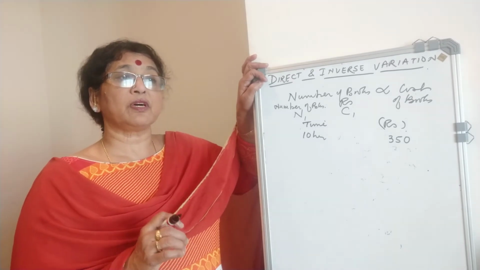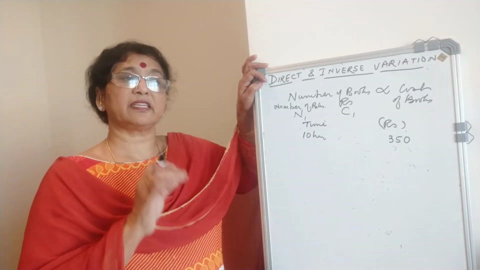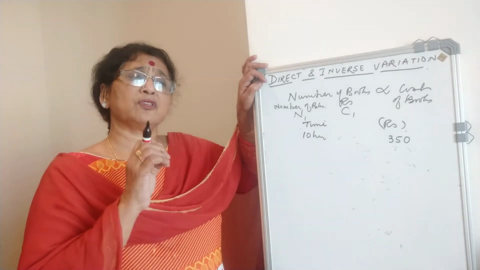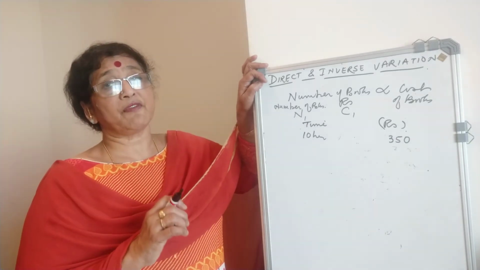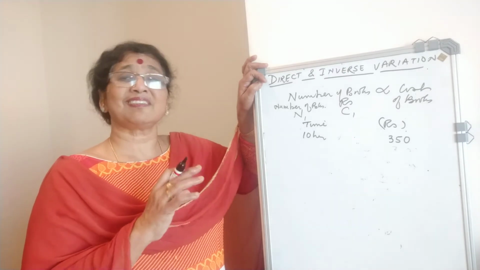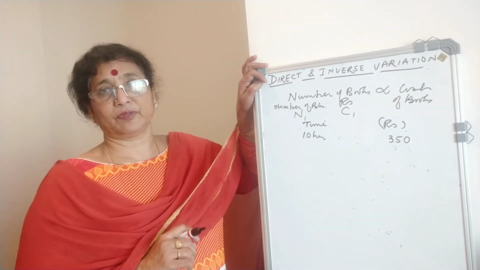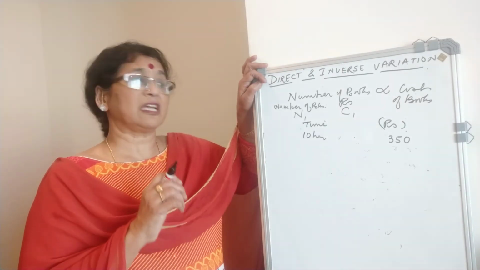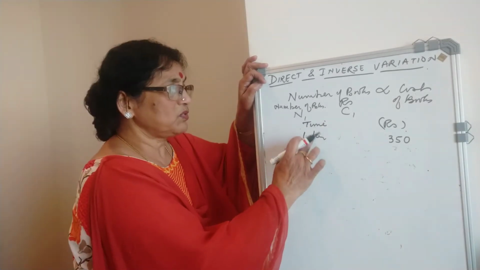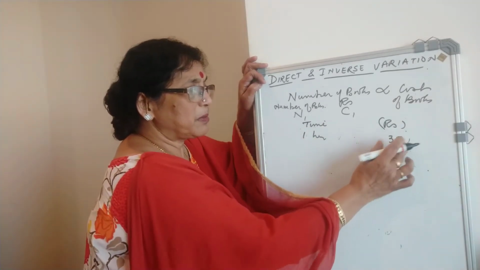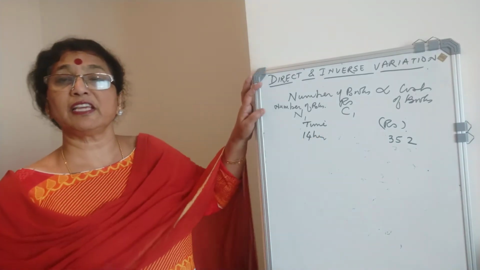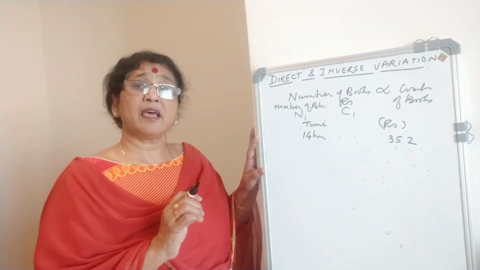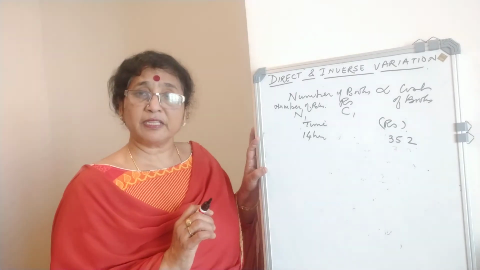If I work 10 hours, I get 350 rupees, and therefore if I work for 46 hours, how much do I get? It's not necessarily that I'll always give you this. So let us take some numbers, say 352 and 14. If I work for 14 hours, I am paid 352 rupees.